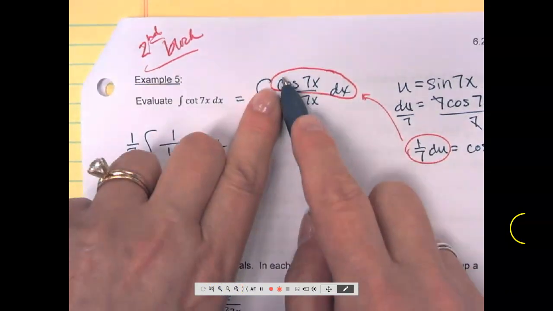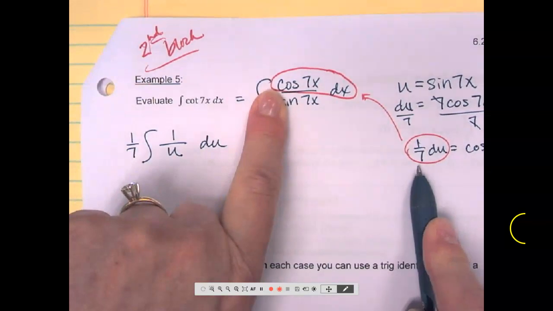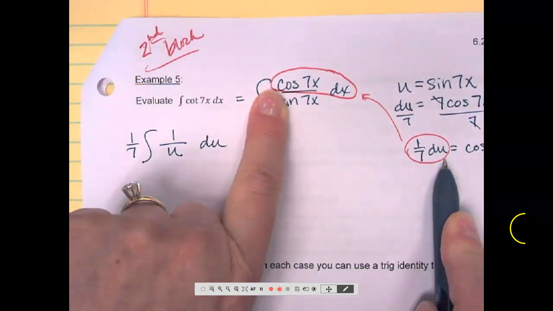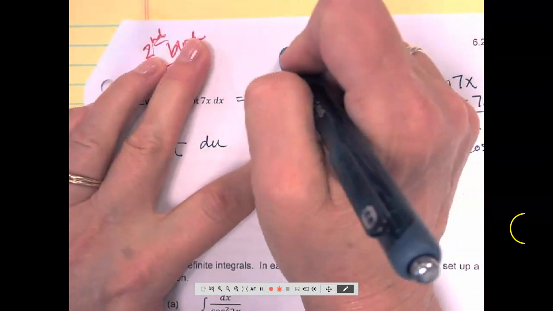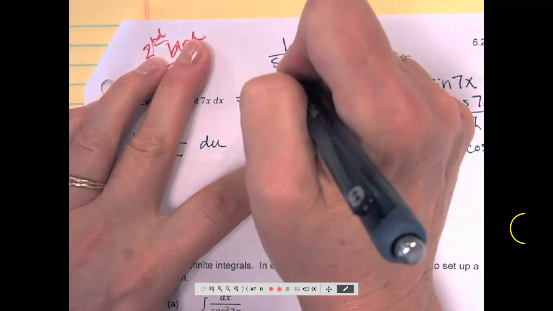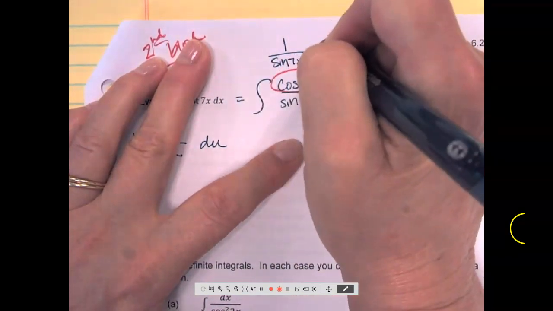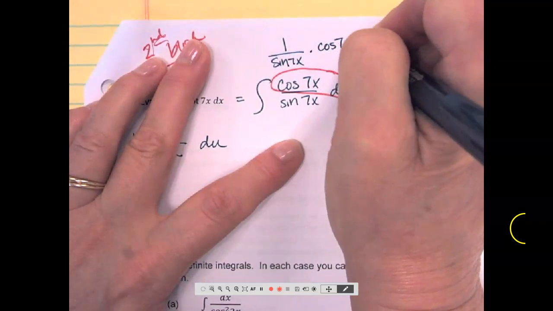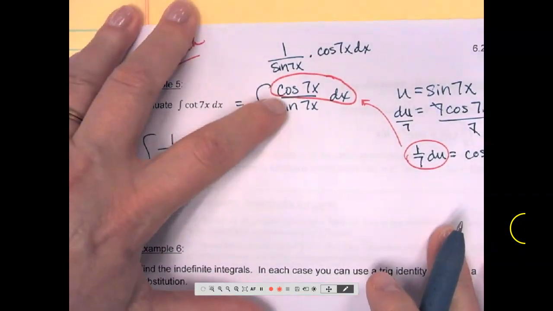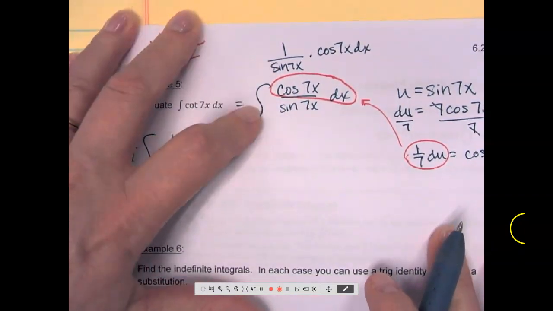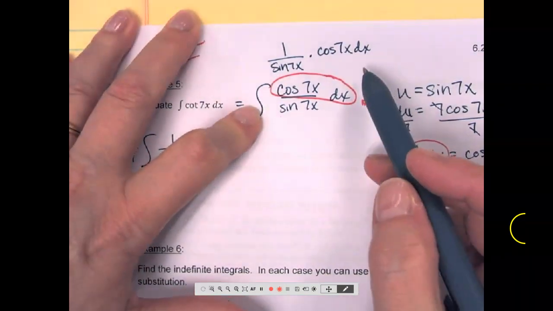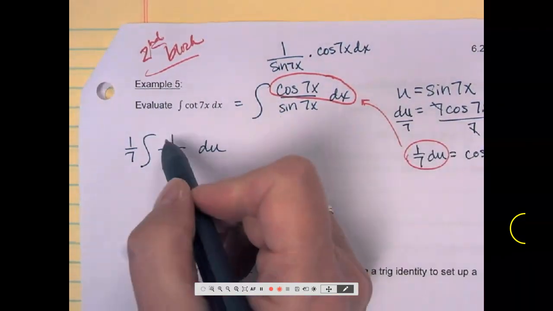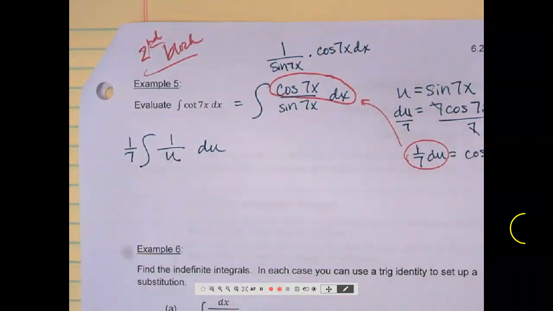Because this whole thing here is just replaced with 1/7 du. So think of this as 1 over sine 7x times cosine 7x dx. Can you picture that that's the same thing? Could it also be du over sine? Sure. Yep, I could put du up there. Sometimes you will see it now.